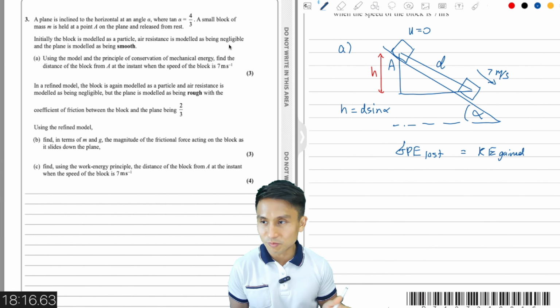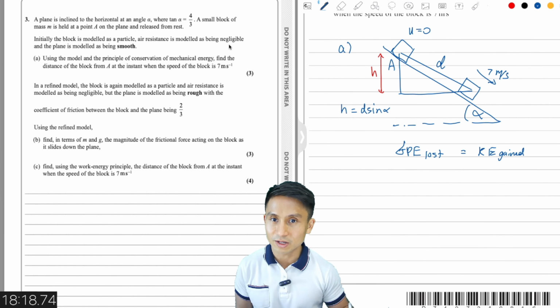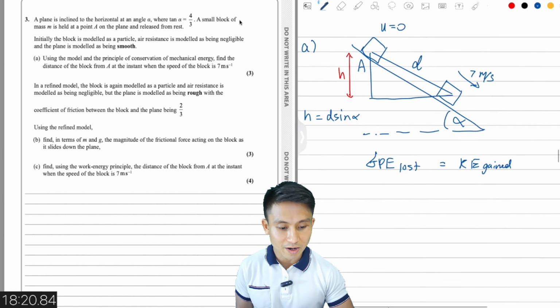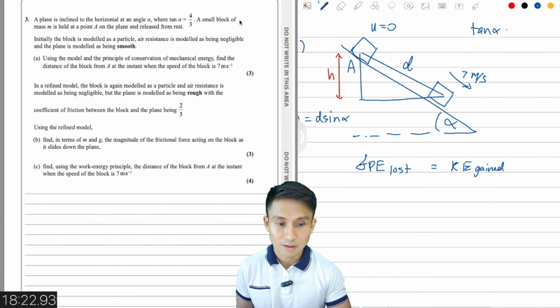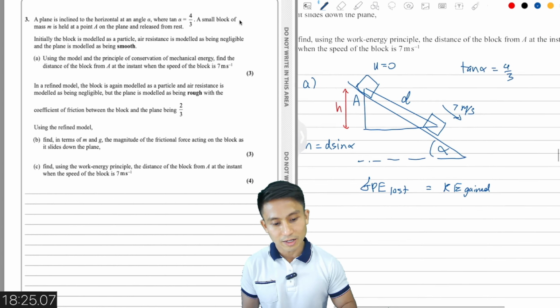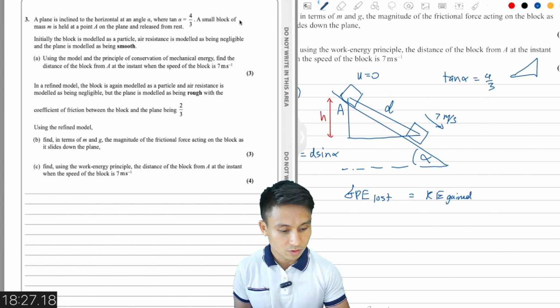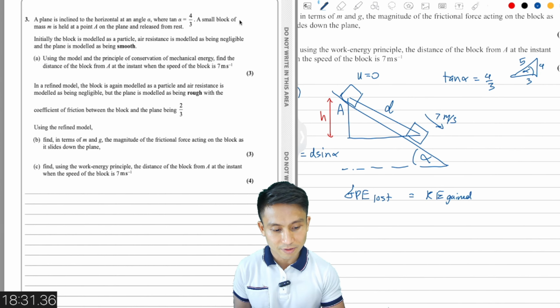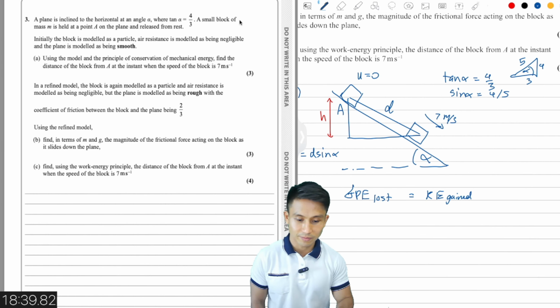But the height change can be put as d sine alpha here. And we already know that tan alpha is 4 over 3. Again, the triangle trick I would do: put 3 like that, so the hypotenuse would be 5. Okay, SOHCAHTOA, 4 over 3 there on the triangle. So that means sine alpha is just 4 over 5 instead.